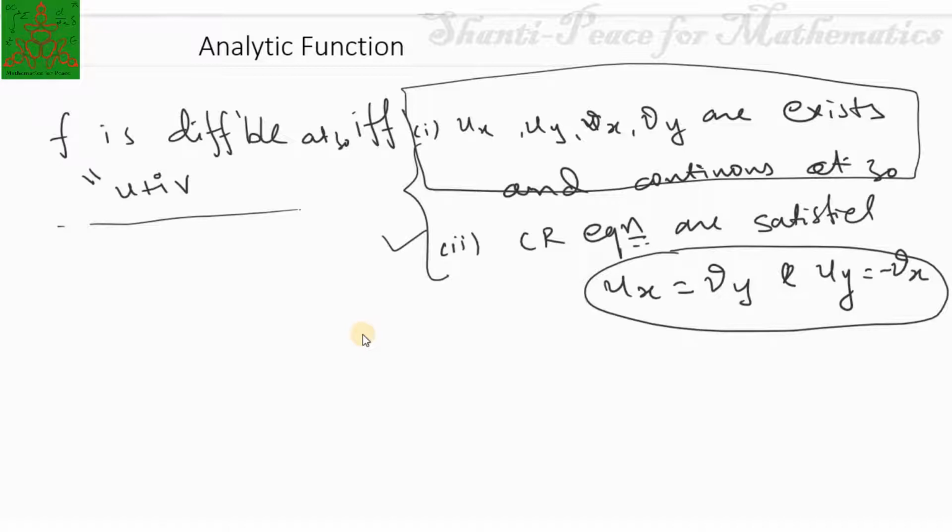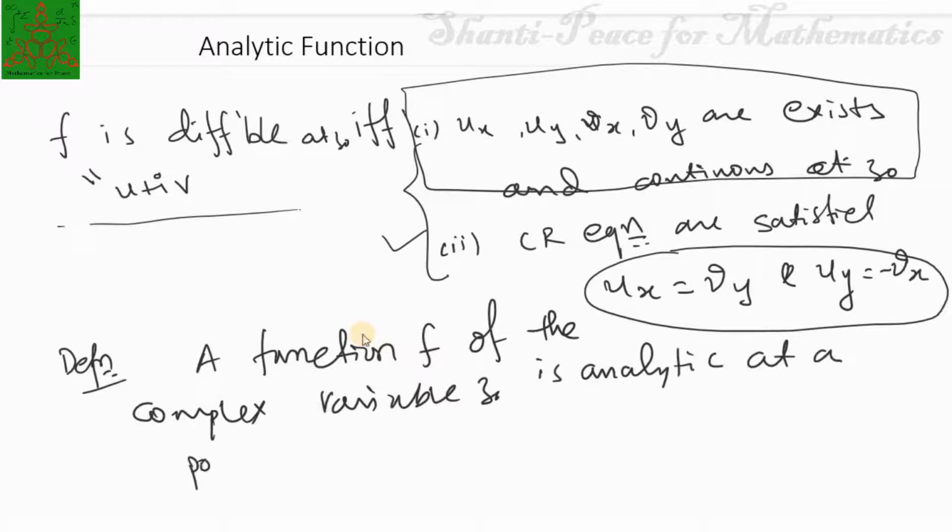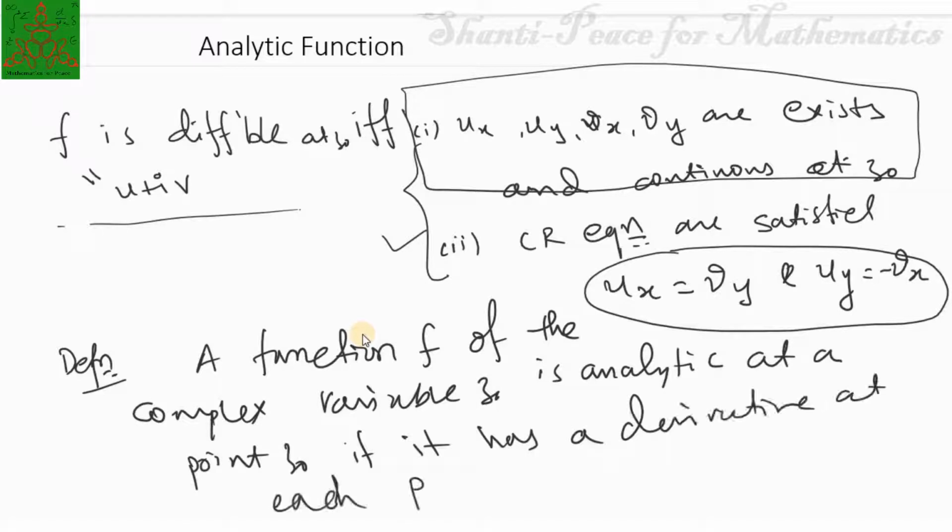Now we are ready to introduce a very important concept of complex analysis. It's known as the analytic function, and this class of function is used everywhere when we are discussing complex analysis. So what is the definition? A function f of the complex variable z is analytic at a point z0 if it has a derivative at each point in some neighborhood of z0.